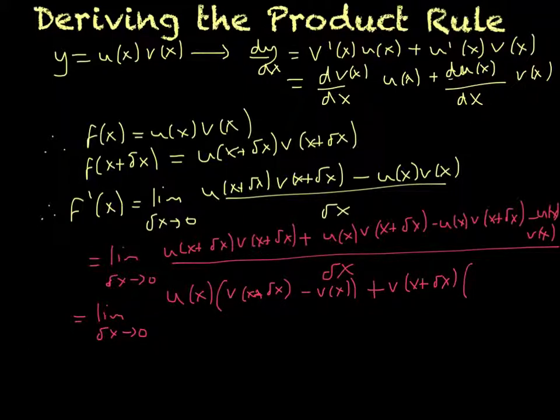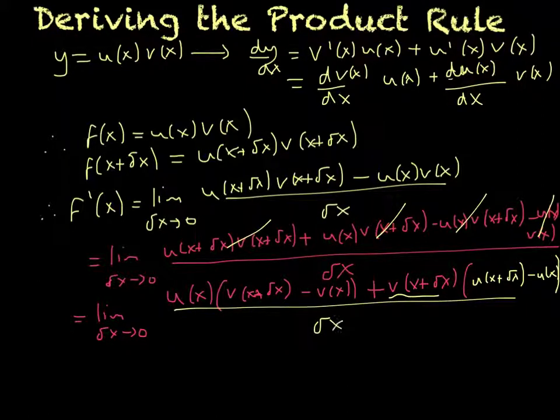So let's just eliminate what we've got so far. I've used this one, and I've used this one, and in here I've used this one, which I'm about to finish, so that's u of x plus delta x, and then I'm going to use this one as well, so minus u of x here, and this is all over delta x.